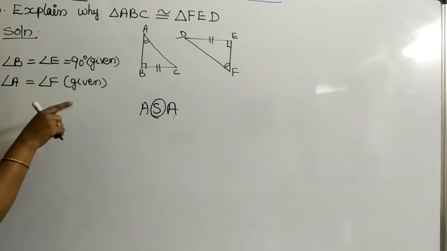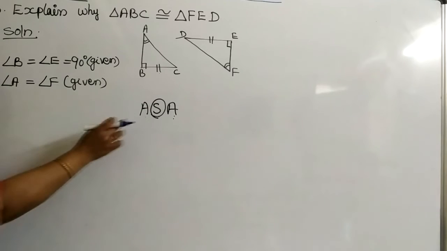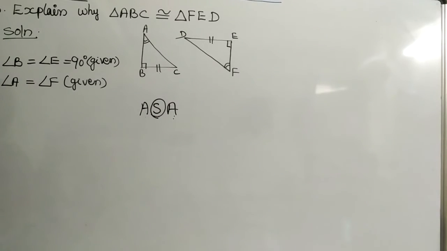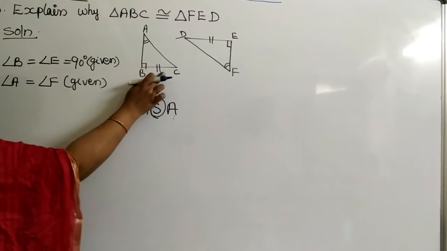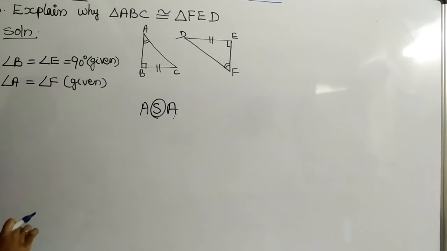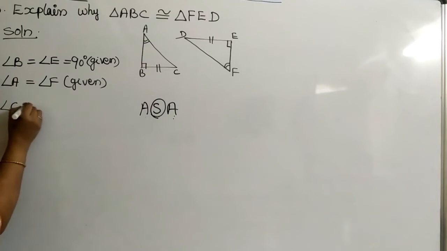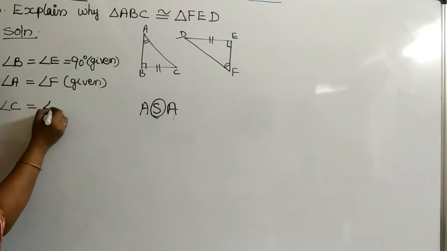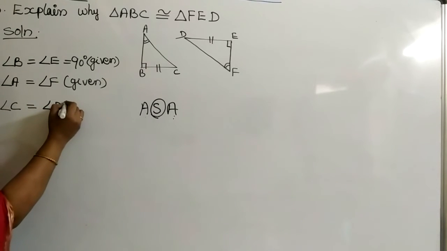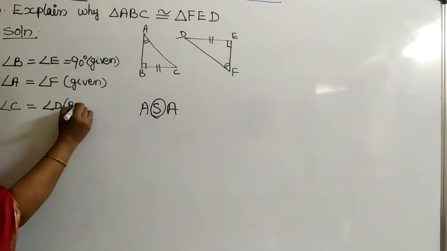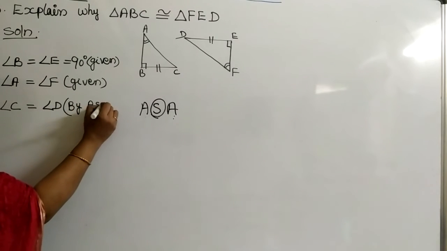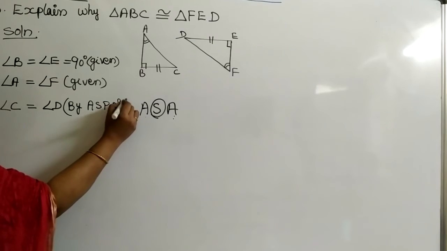But BC equal to DE, but these three are not enough to apply ASA congruence rule, because the side is given but included angles are not given. So we can find angle C equal to angle D by angle sum property of triangle.